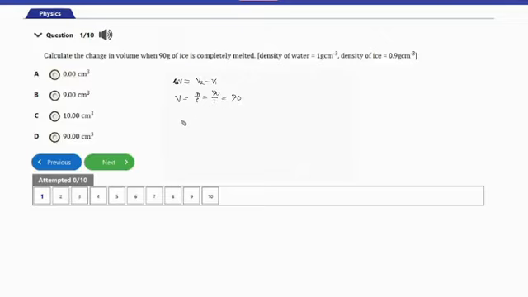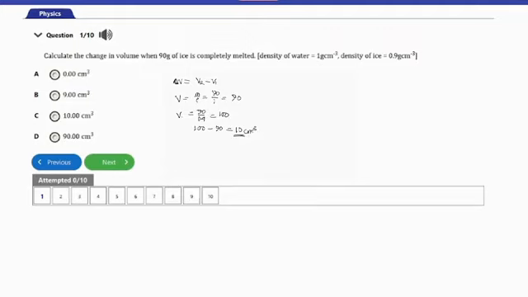So guys, that will be the volume of water here. Then for the volume of ice, that will be 90 over 0.9, so that would be 100 cm cube. So guys, when we do 100 minus 90, we're going to have 10 cm cube here, and that's option C. So guys, the answer to this question is option C.